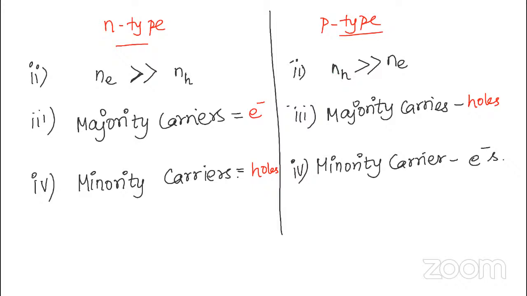For N-type, spell it as electrons, N-type. It will be the majority carrier. So the majority is the larger value, right? So by N, spell electrons. So it is N type, so in the majority carrier, electrons will be maximum.